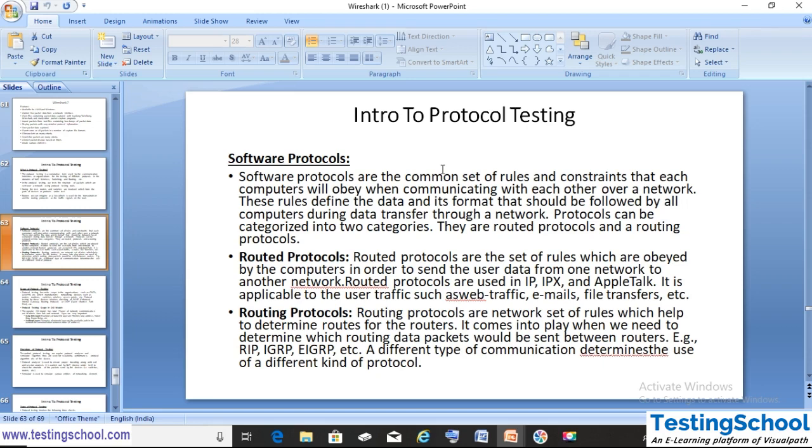That is a routed protocol. Whenever you are transmitting from one network to another, the routed protocol will come into the picture. But a routing protocol may or may not come. Even if you don't have a routing protocol, you can communicate. But if you don't have a routed protocol, you cannot communicate.